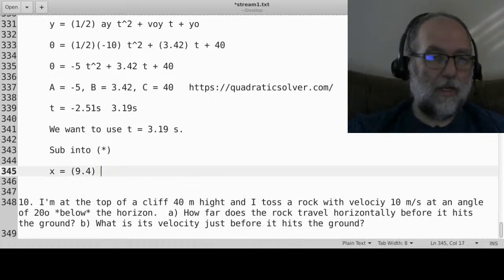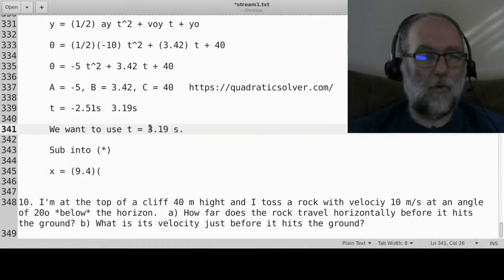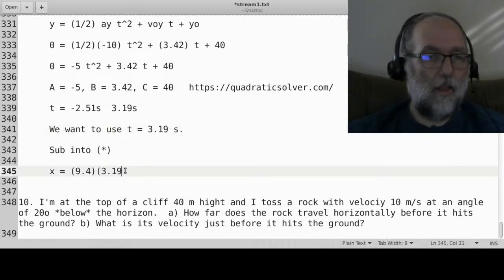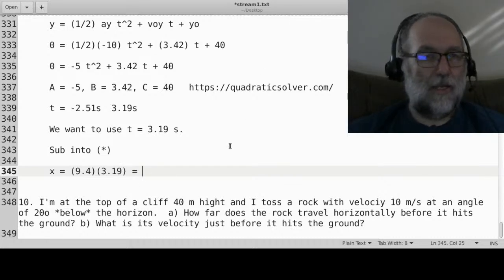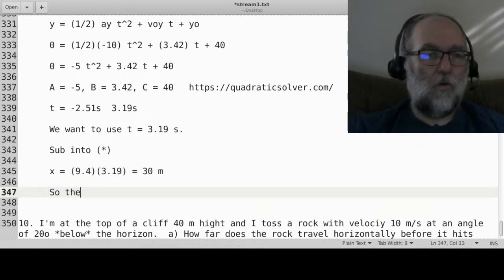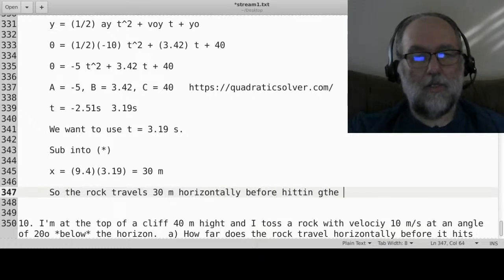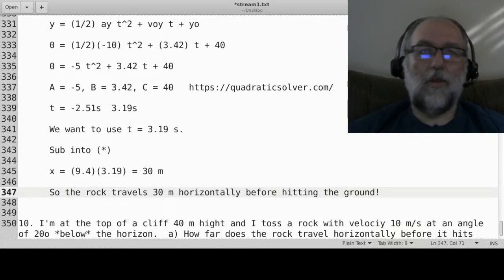And over here, we take out that t and put in 3.19 seconds. That'll tell us how far it travels horizontally, and the answer is 30 meters. So the rock travels 30 meters horizontally before hitting the ground. There you go.